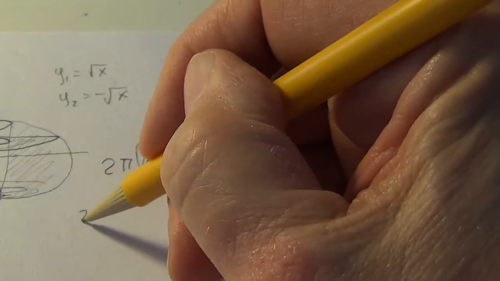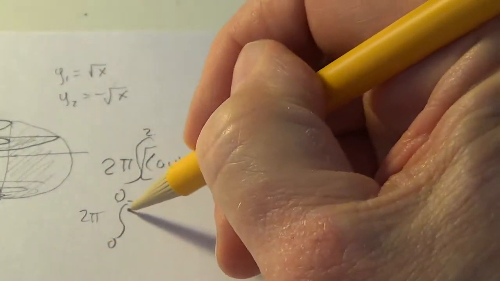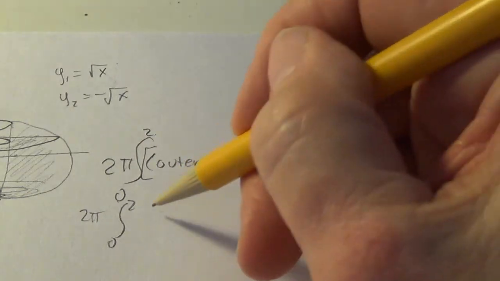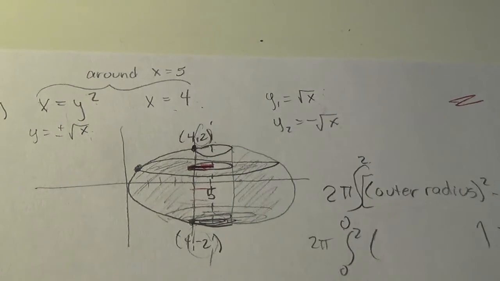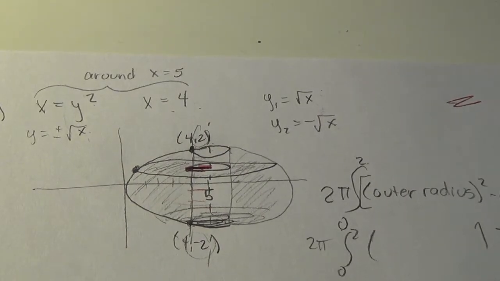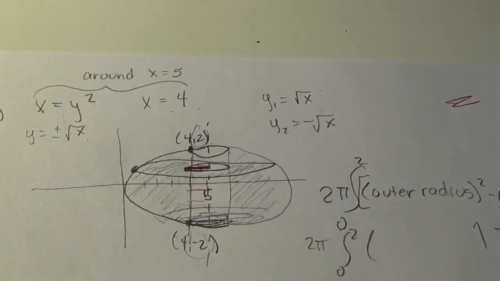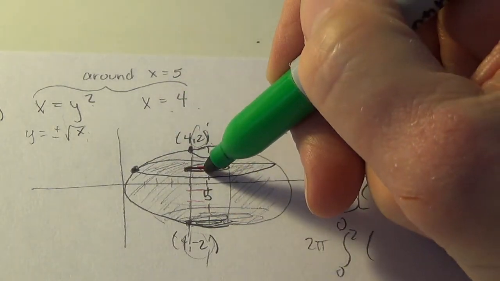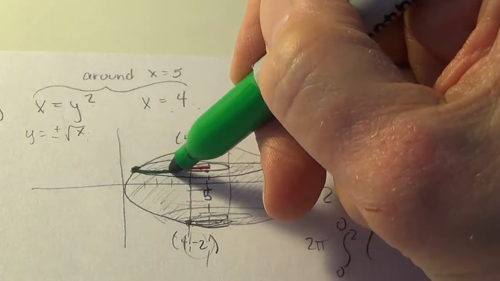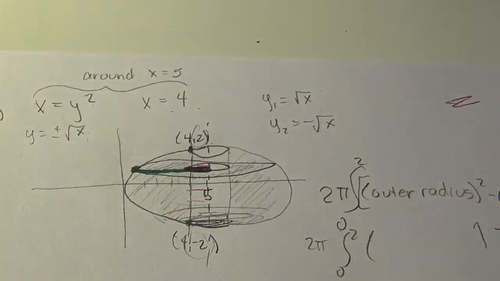So now we need the outer radius. I'll try my green marker here. The green is going to go from my point of interest to here. I need that value. That's the outer radius.